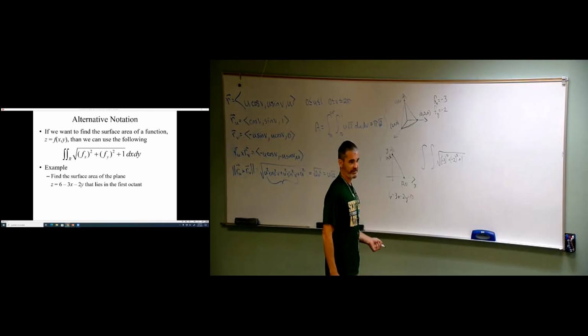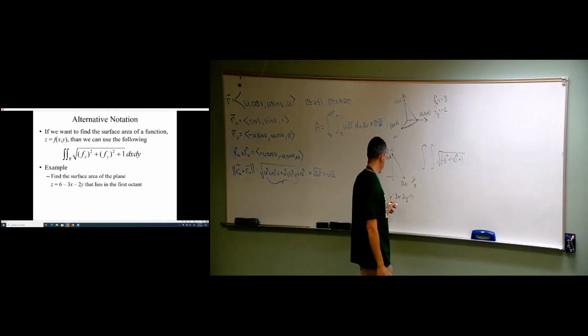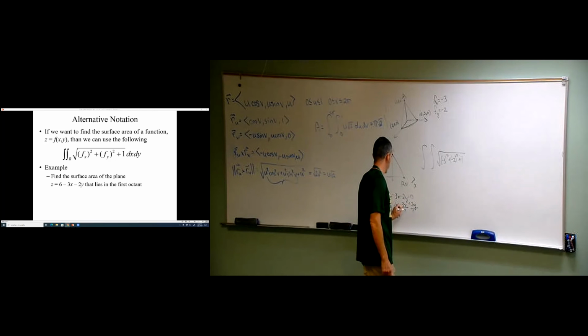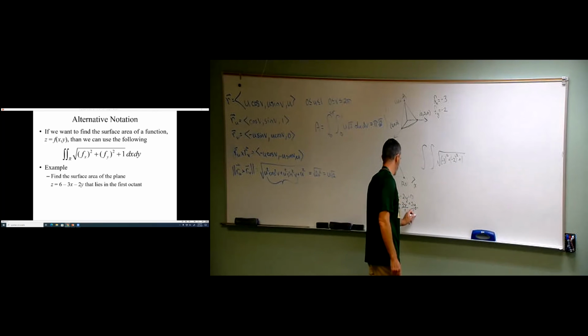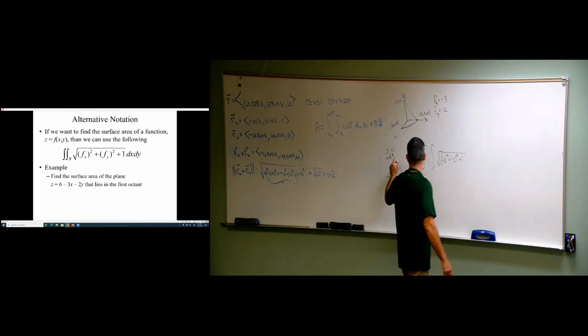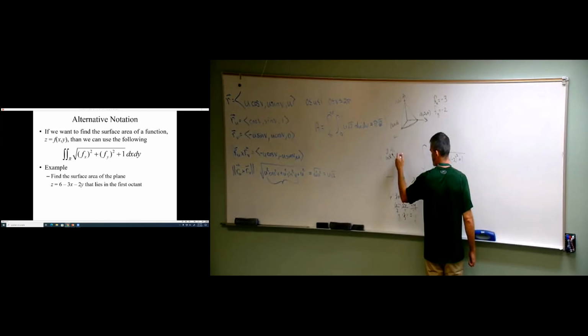Then we can solve this for x or y, depending on which one you want to do first. So let's solve it for y. So we have 2y equals 6 minus 3x. Divide everything by 2, and we end up with y equals negative 3/2 x plus, excuse me, not 6, 3. Okay, so the equation of this line is y equals 3 minus 3/2 x.